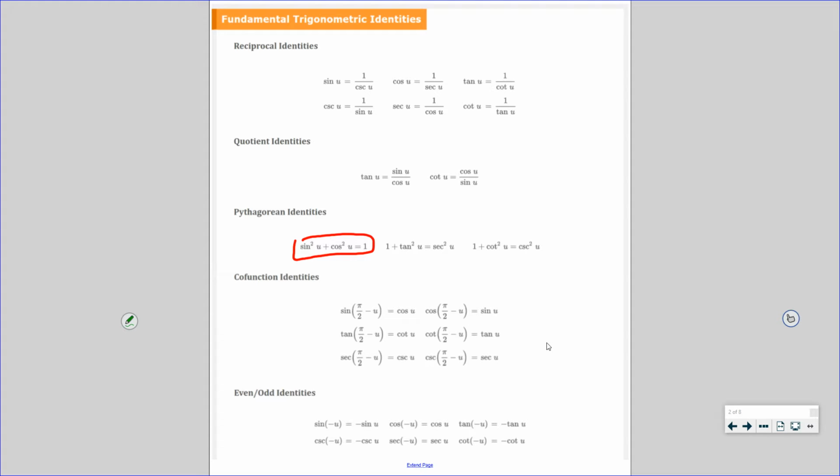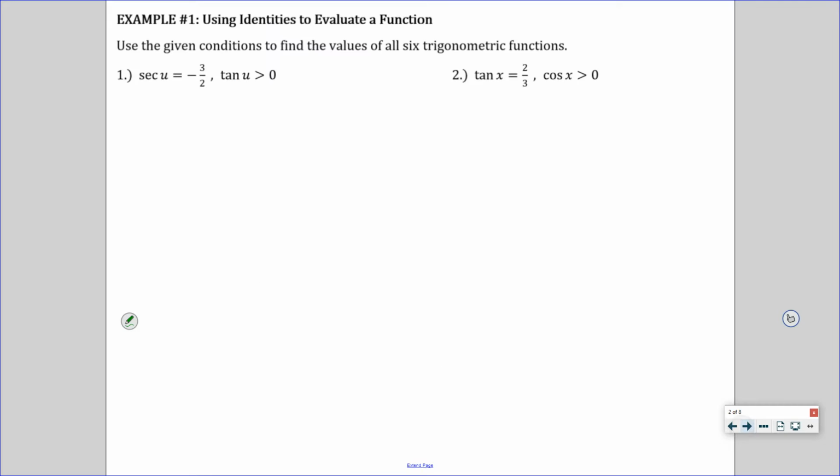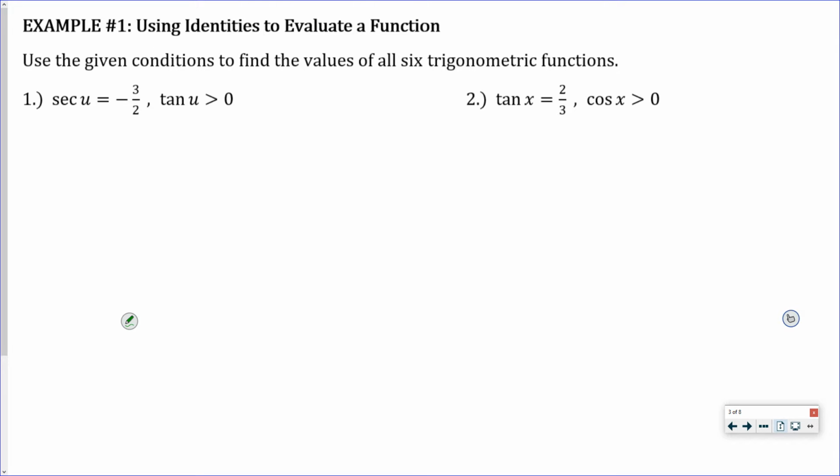Okay, so let's get into it. Basically, all you're doing in these types of problems is using these identities to help us solve problems. We've solved problems like these before. It says, use the given conditions to find the values of all 6 trig functions. You guys were used to drawing the right triangle, doing your Pythagorean theorem to find the missing side and fill in the other 5.